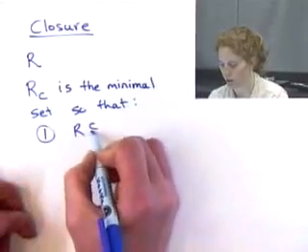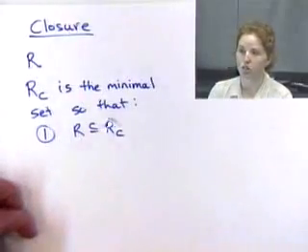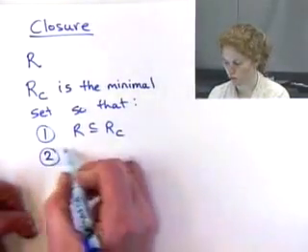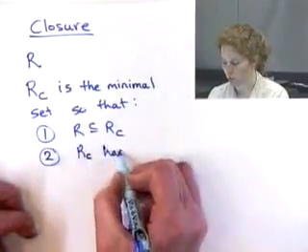The first thing, R is a subset of RC. So that means that you can only add things to R to make RC if I want to make a closure. And two, RC has the property you're looking for.